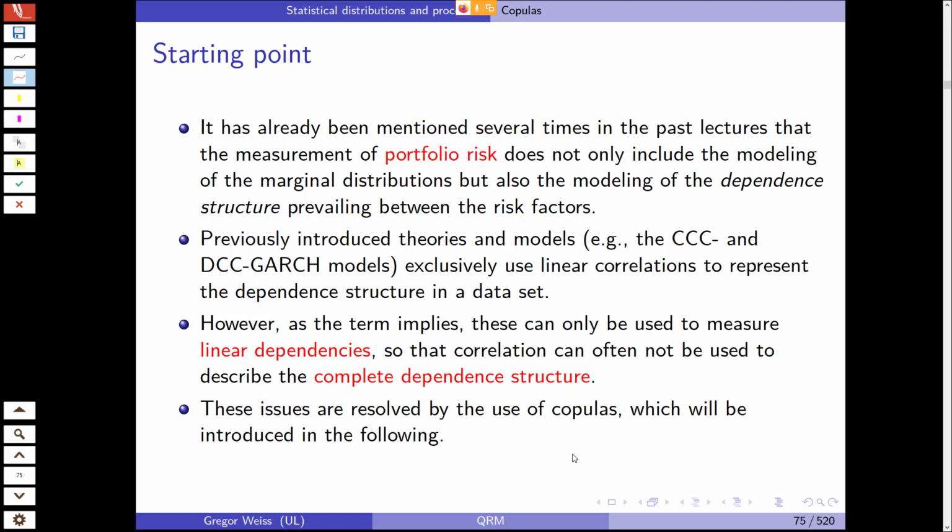And portfolio risk includes not only the risk of looking at the marginal distributions, but also modeling the dependence structure between those individual risks.